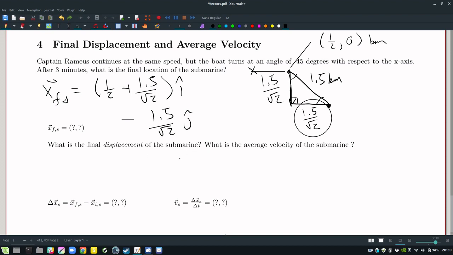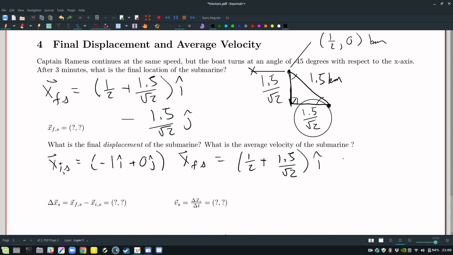What's the displacement of the submarine? So initial position of the sub, x initial, that is from the beginning of the problem, was negative 1i plus 0j, and then now we have x final for the sub, which is 1/2 plus 1.5 over root 2 i, and then negative 1.5 over the square root of 2 j.